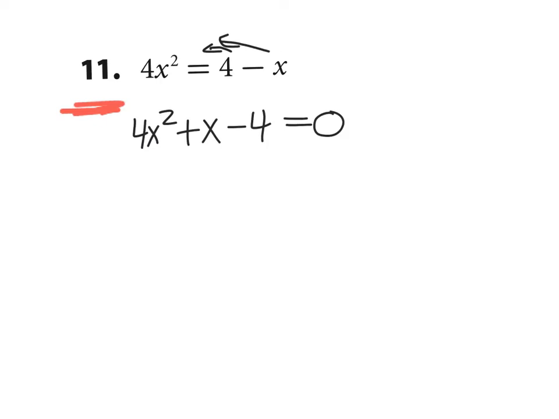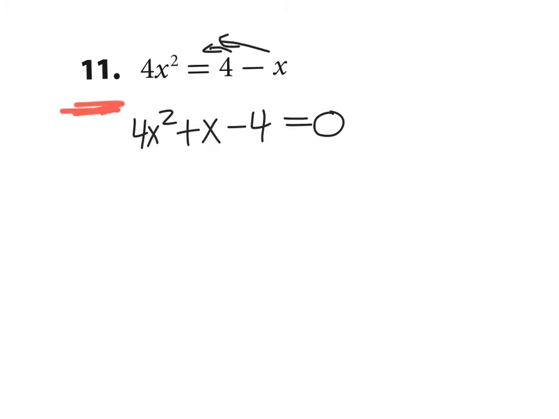Now if I tried to factor, I would multiply 4 times -4 is -16. Factors of -16 or factors of 16 that subtract to give you 1, there aren't any. If you do 1 and 16, they'll subtract to give you 15. 2 and 8 subtract to give you 6. 4 and 4 subtract to give you 0. So this one is not factorable. So in this case, I do want to use quadratic formula.